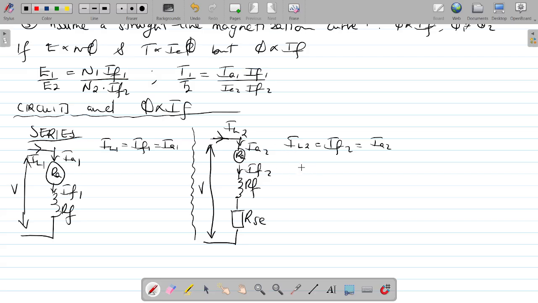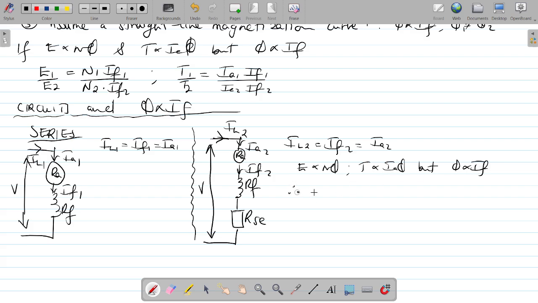So according to the original formula, EMF is proportional to speed and flux. Torque is proportional to armature current and flux, but they told us that flux is proportional to the field.